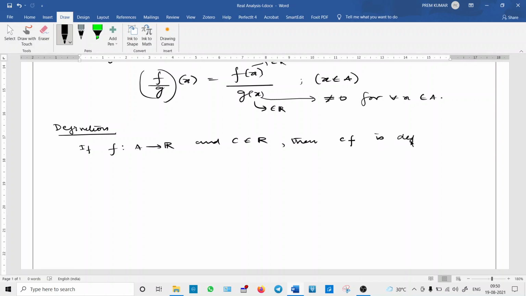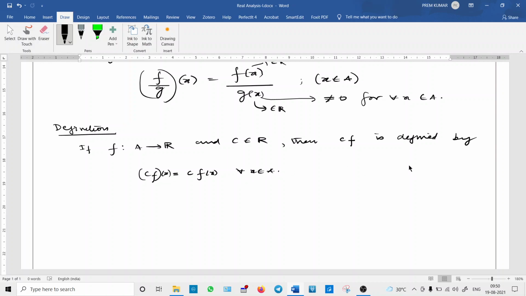They are going to define c times f of x. f of x we can find from this function. What is c into f of x? They are going to define it as c into f of x for every x in A.